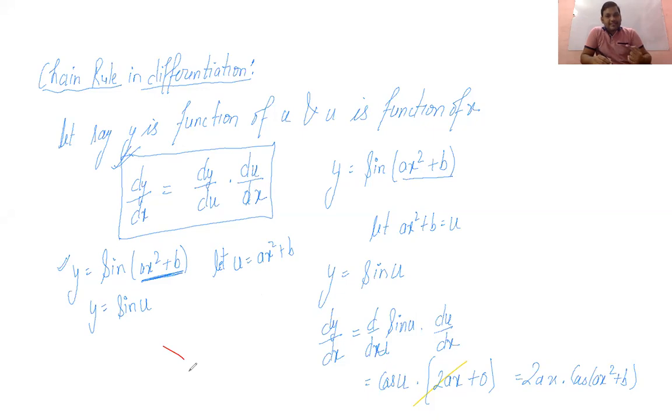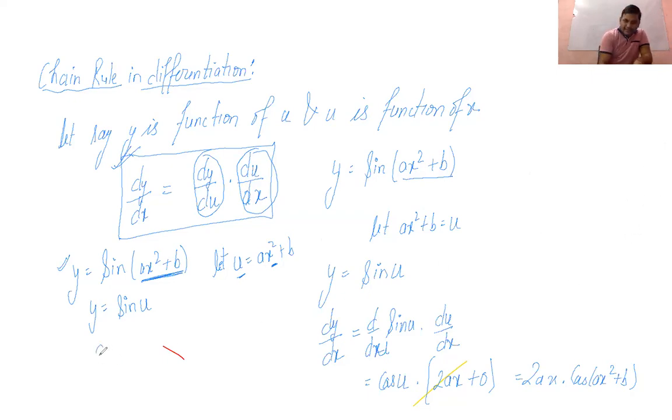Now you can see this y, which is sine u, is dependent on u, and u is dependent on x. So what you can do is find dy by du first, then du by dx, and just multiply them.